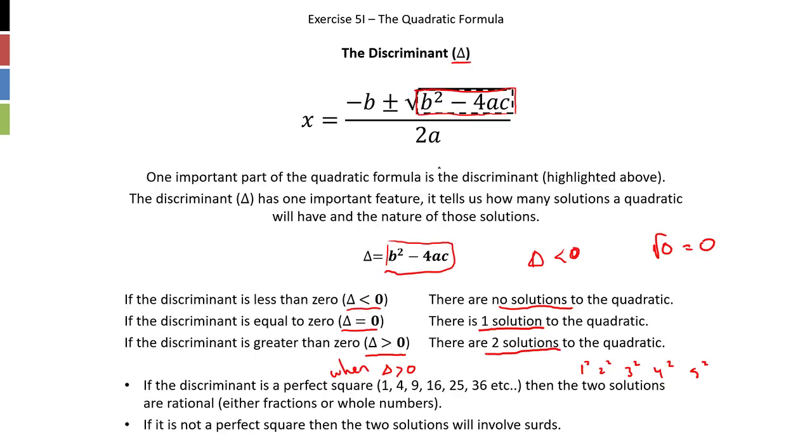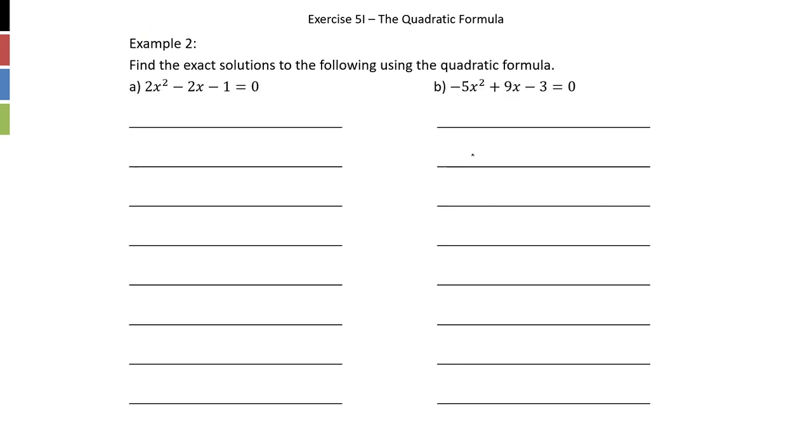So that was using the discriminant. That was only this little bit in here, in the red box. Now let's use the full equation. Find the exact solutions. So we have A is equal to 2, B is equal to -2, and C is equal to -1. Now a good habit is to just do the discriminant first.